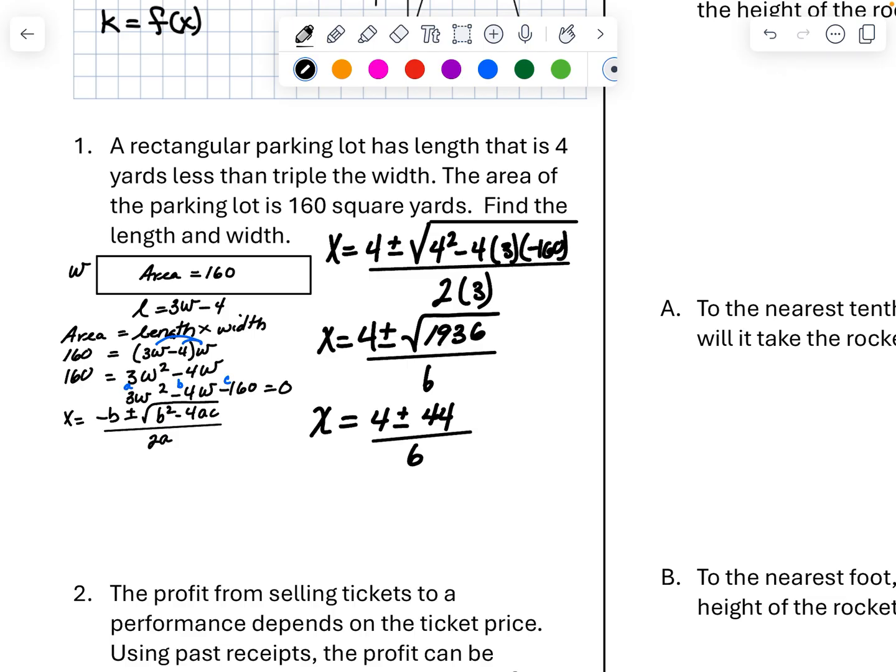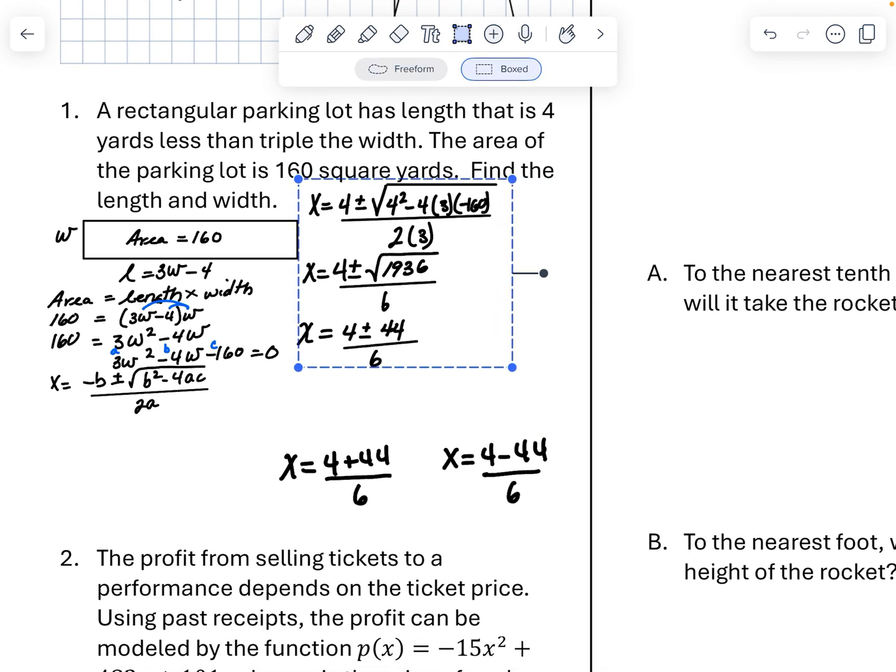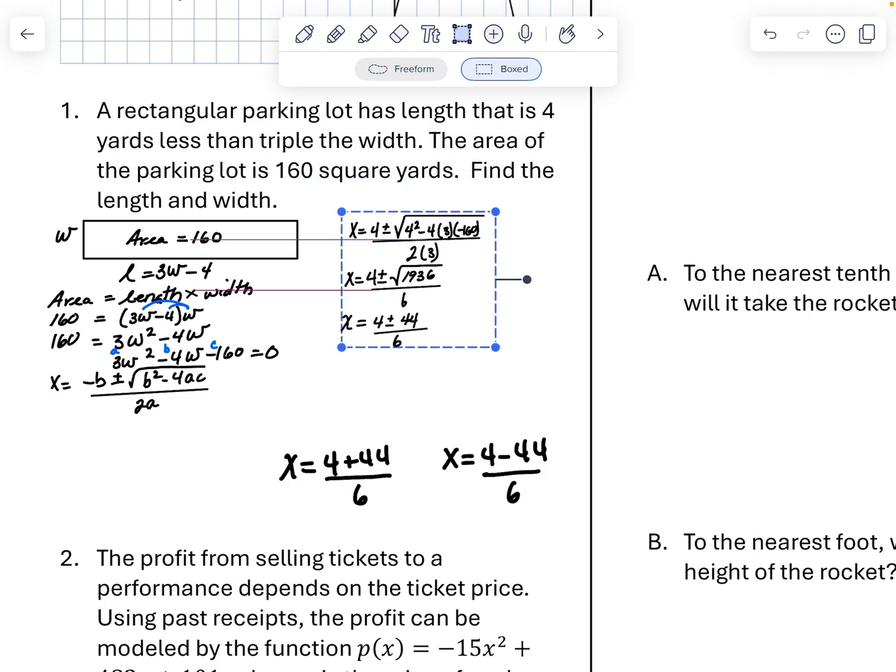So then I have two problems. I have x equals 4 plus 44 divided by 6, and I have x equals 4 minus 44 divided by 6. I think once again we can make that a little bit smaller so I have more room to work.